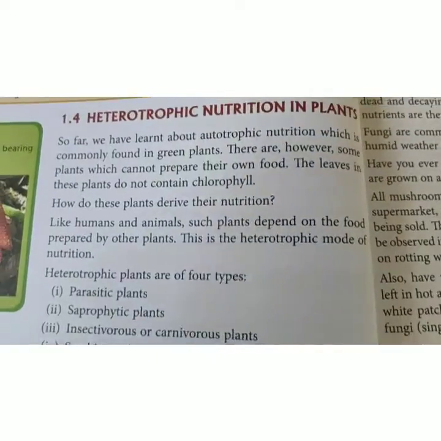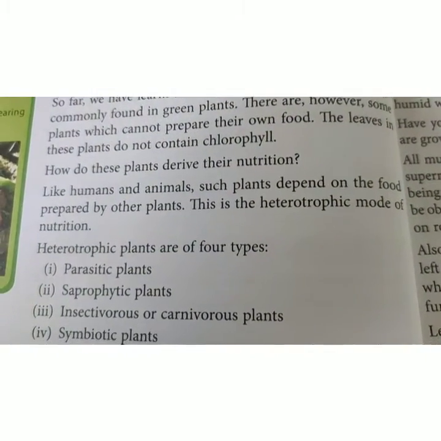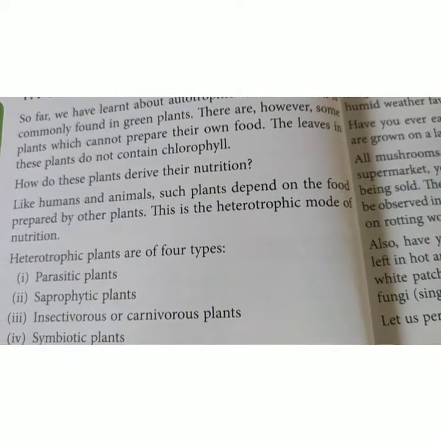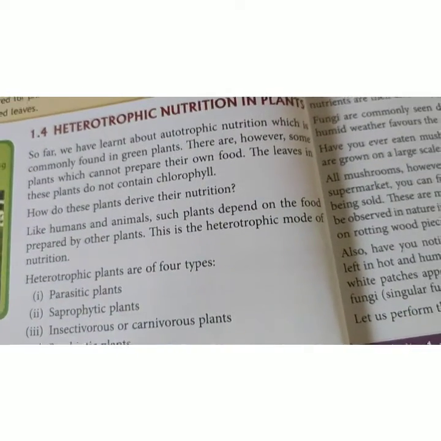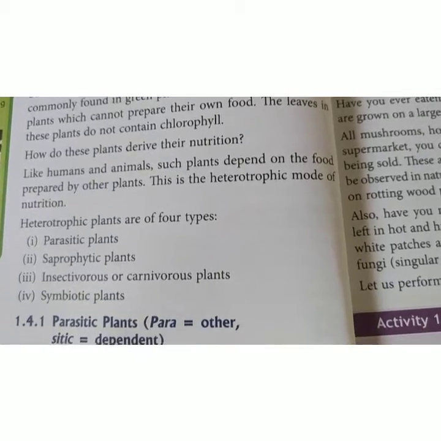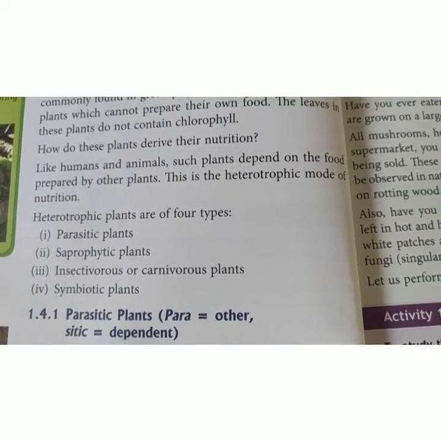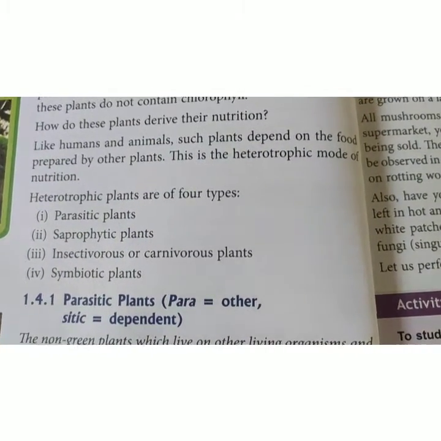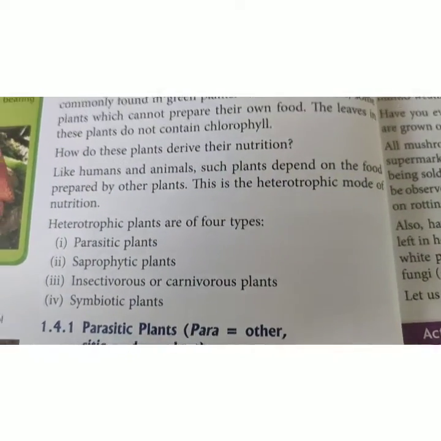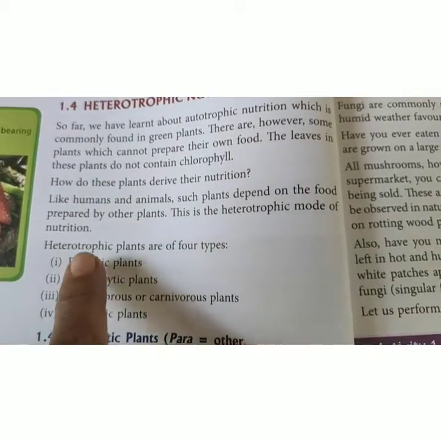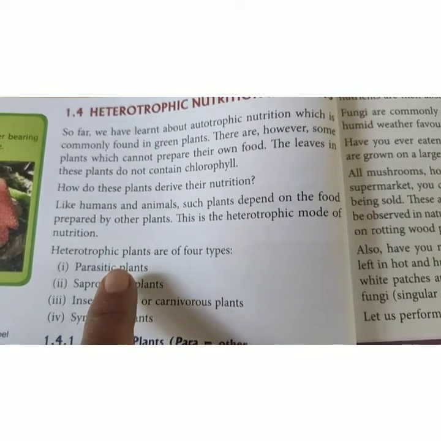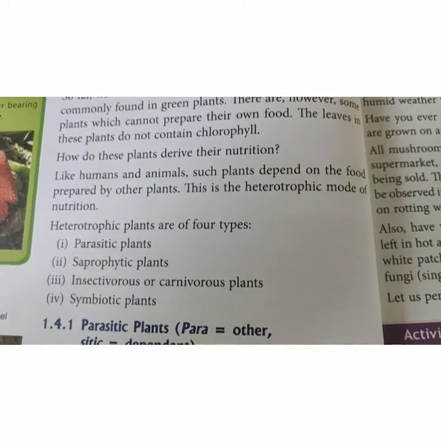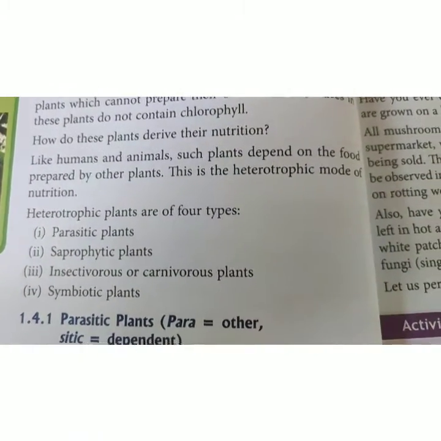But these plants are also alive. So how do they survive? Like humans and animals, they depend on other plants or flesh. Heterotrophic plants are those which take in nutrition for themselves from other sources.